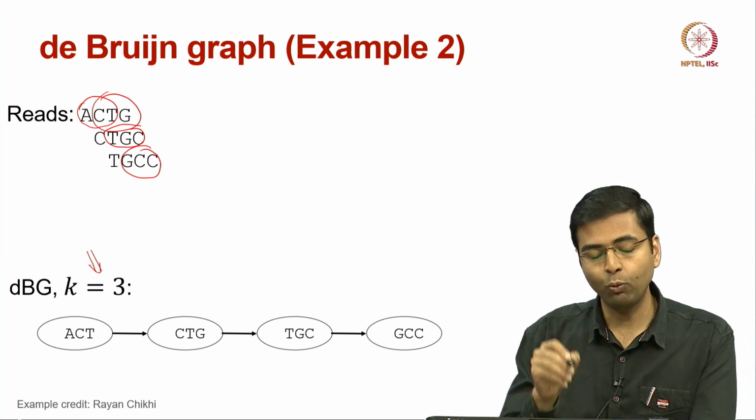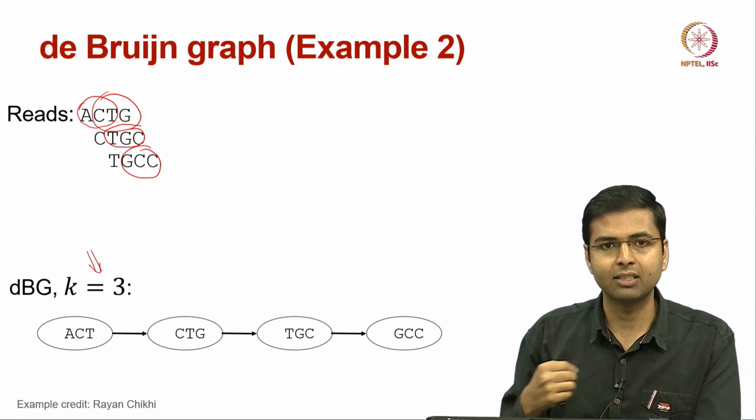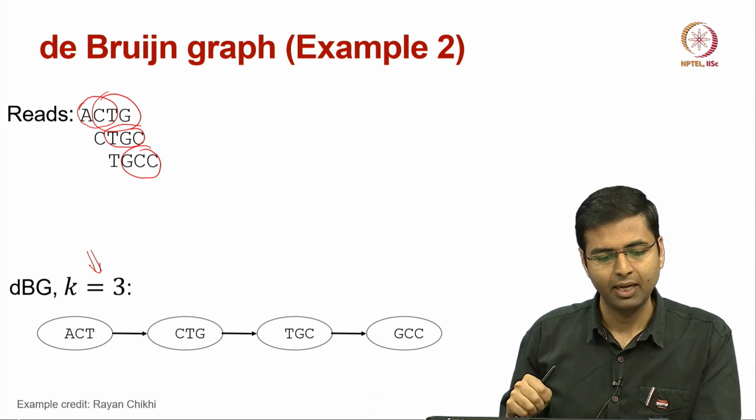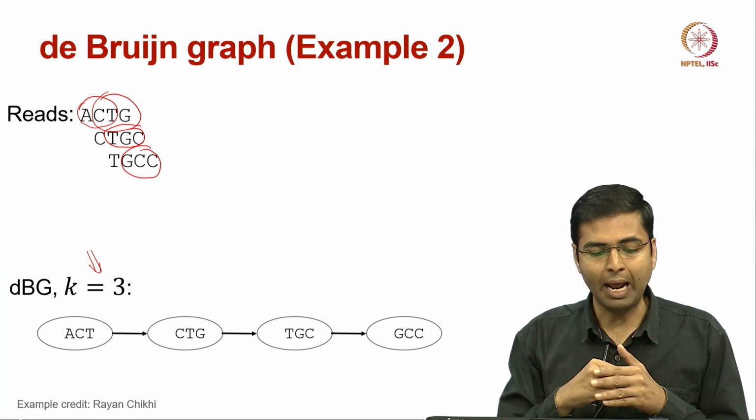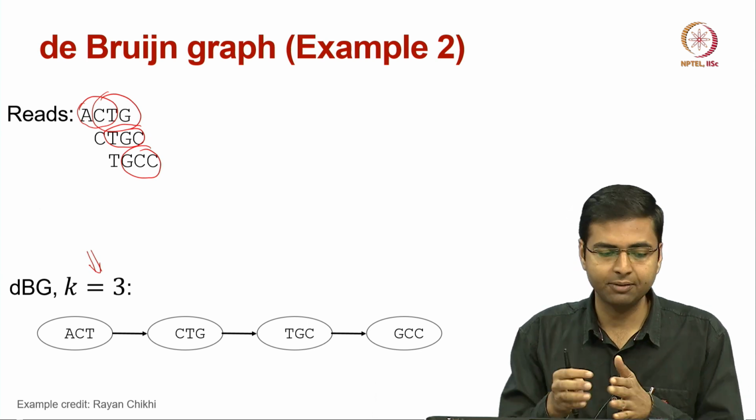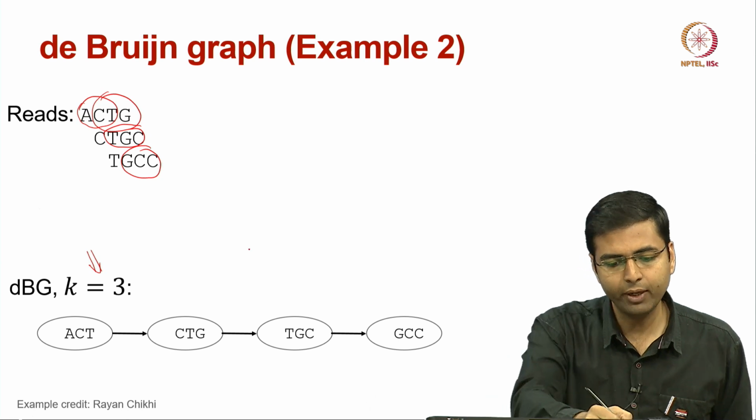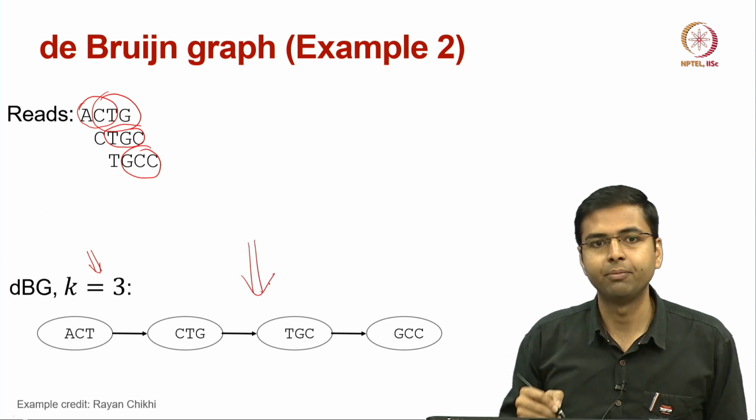So in total there are 4 vertices for this set of reads, and based on the suffix prefix overlaps you can draw the directed edges and you get the following graph for this example.